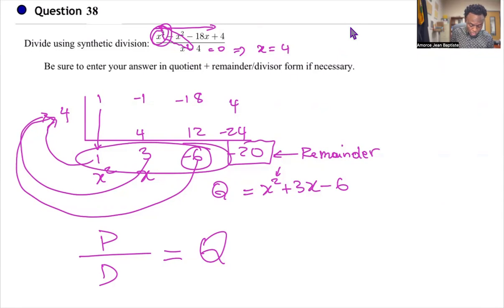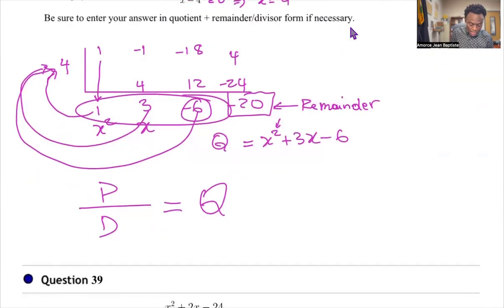And then once you finish with that, you're going to write your remainder plus remainder divided by the divisor.